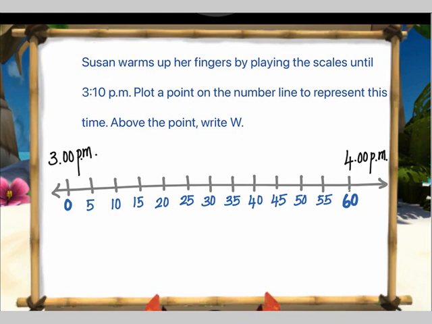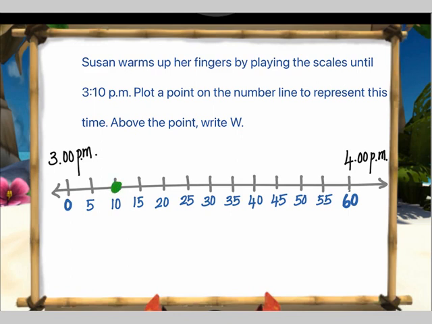So we know that the 0 is 3 p.m. and this point is 3:05 p.m. and this point is 3:10 p.m. Right? So we found 3:10 p.m. So 3:10 goes right there.